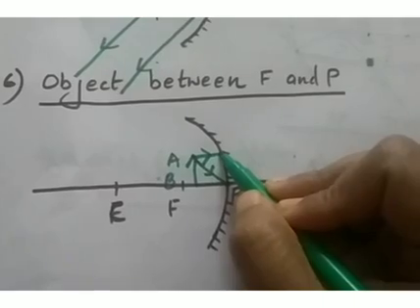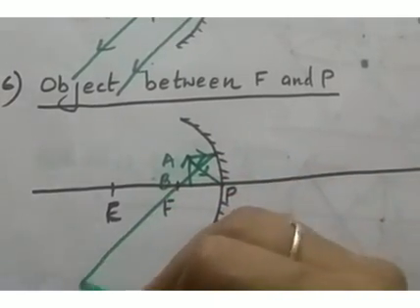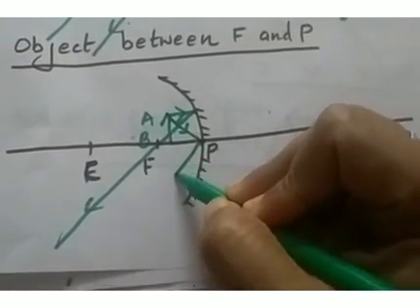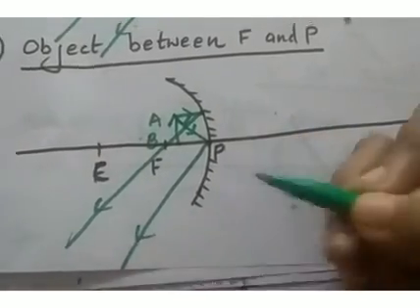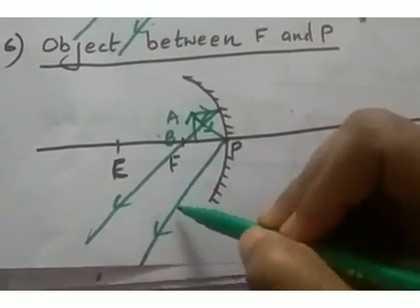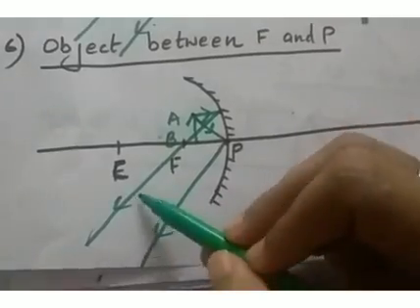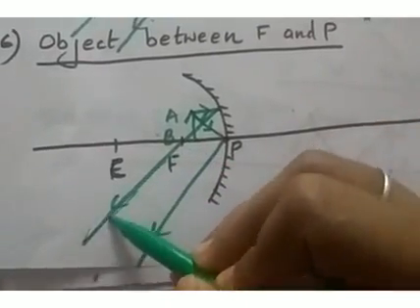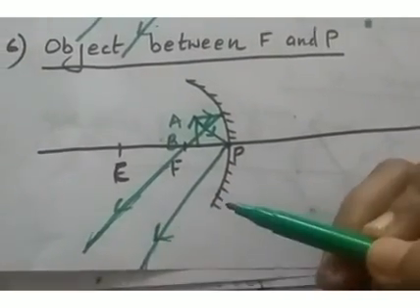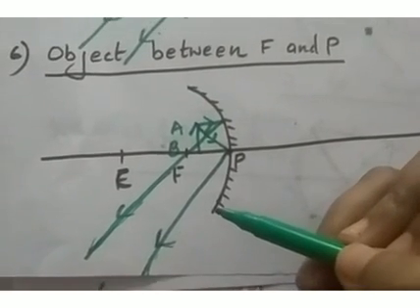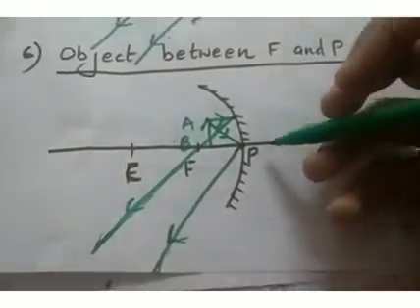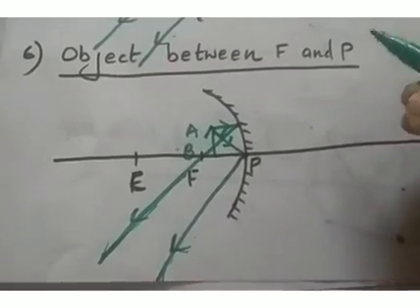This parallel ray, after reflection, will pass through focus, and this ray, after reflection, will be reflected along the same angle. Here you can see these two are the reflected rays, but these two reflected rays are not parallel to each other. They are diverging, isn't it? This ray is moving along this direction and this ray is moving along this direction. Both the reflected rays are diverging. So the diverging rays can never meet anywhere. So no chances of forming a real image here.